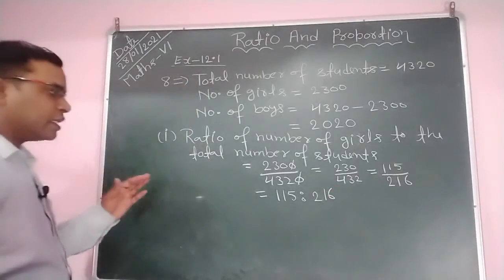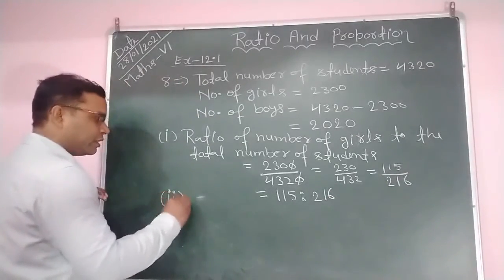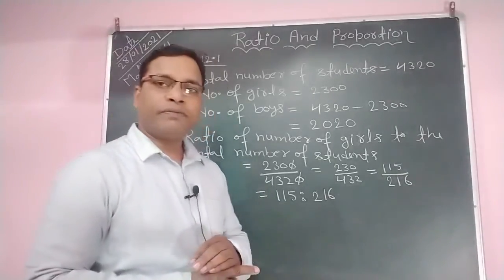Now we are going to discuss the second part of this question. The second part is that we need to find the ratio of the number of boys to the number of girls.